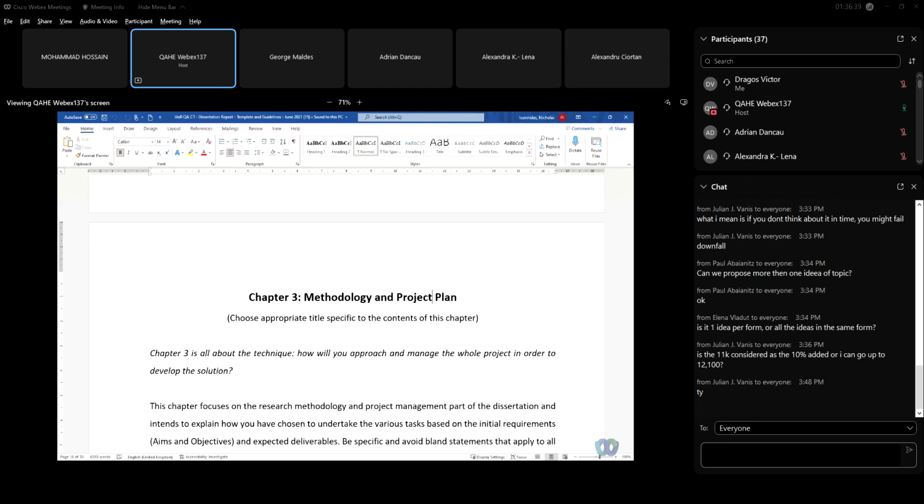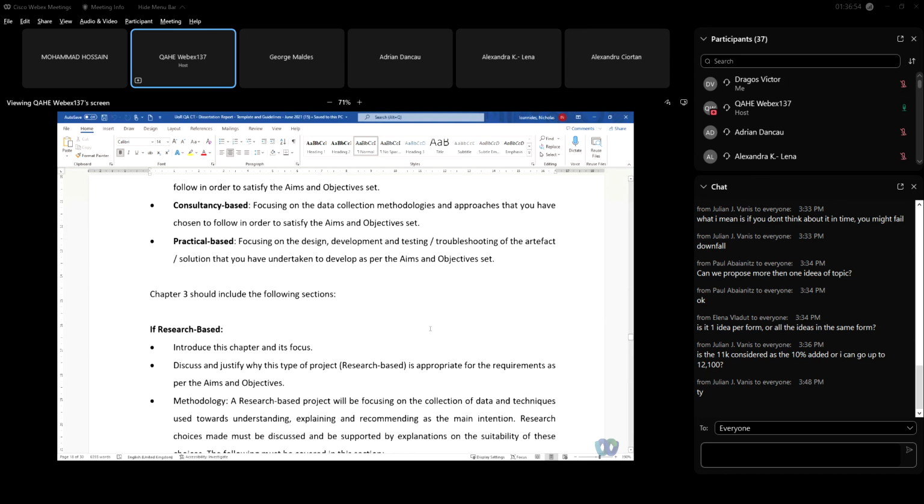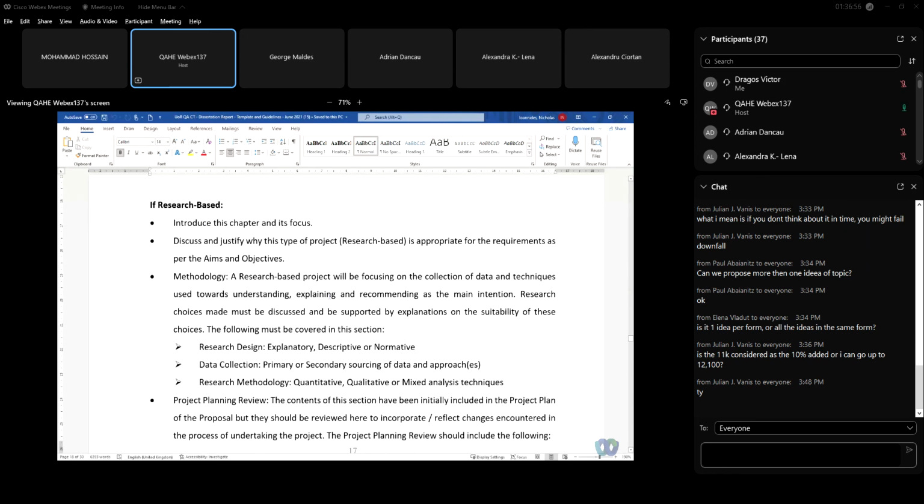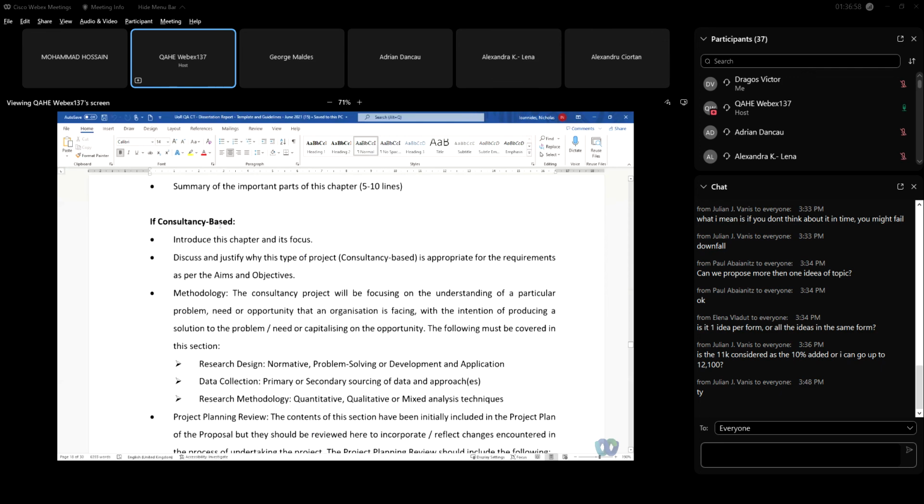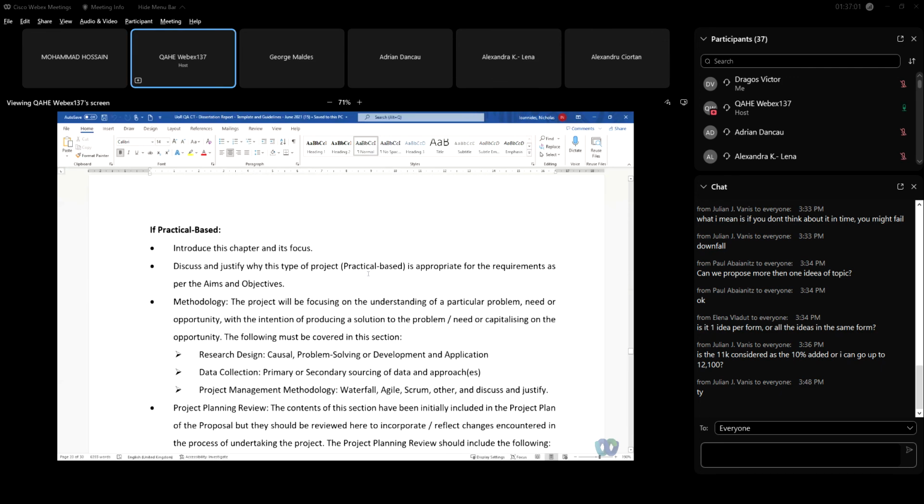All right. And that's where you are comparing. For example, if you planned that your research will take you 2 weeks and it took you 4, you need to show it in the Gantt chart for the dissertation, right? And you can see here, if research based, you need to have these, consultancy based these, and practical based all these.